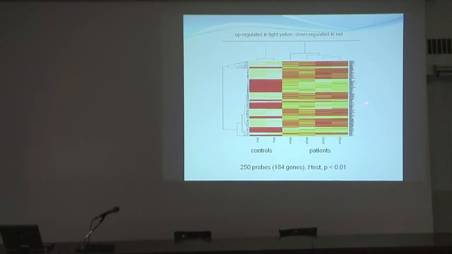The clustering analysis showed that the expression patterns of the control and patient are quite different from each other. And this supports our in vitro transcriptional profile of monocytes.